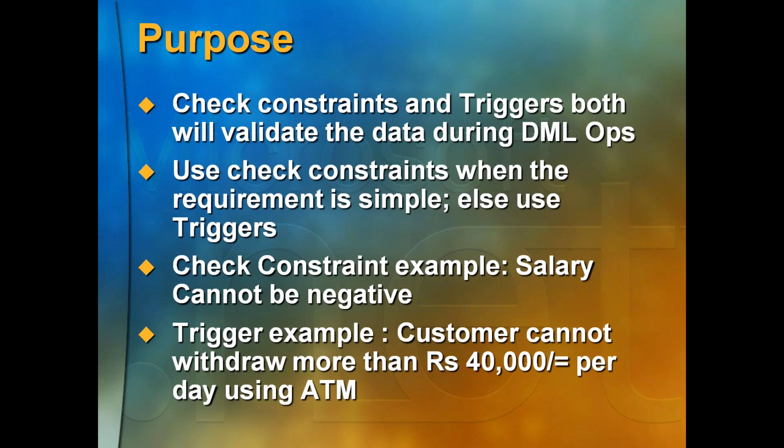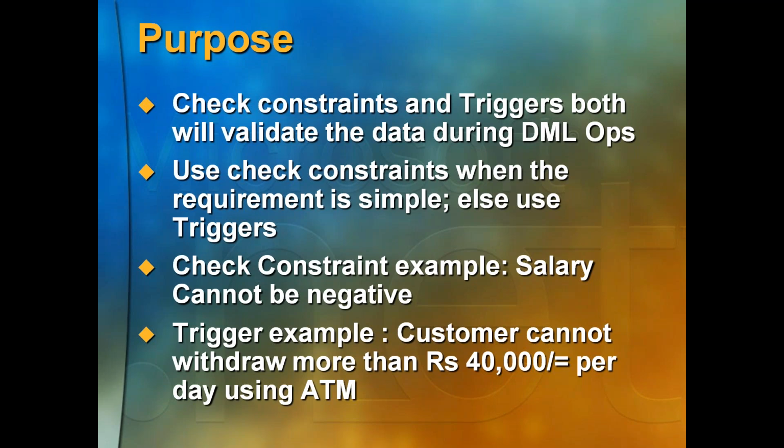If a robbery has happened, you're supposed to inform the police, but if you inform the army chief, they laugh at you, right? For small things, you go to the police, but for complex wars, you have to go to the army, defense, air force, right? So small validations you should try to achieve with a check constraint. If the check constraint is not able to support you, then you can use triggers.